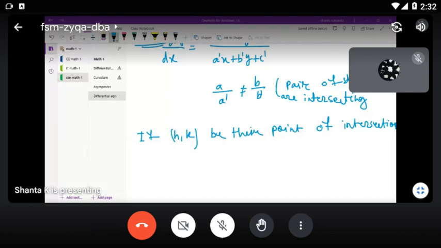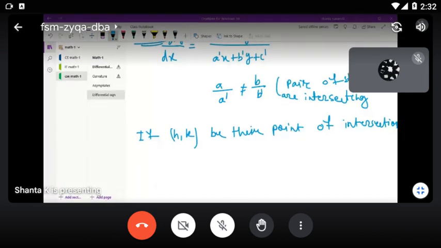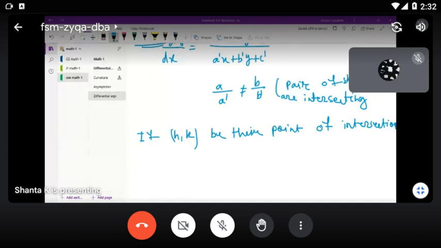then shifting the origin to h, k. So we shift the origin to h, k by setting x equals to h plus x.